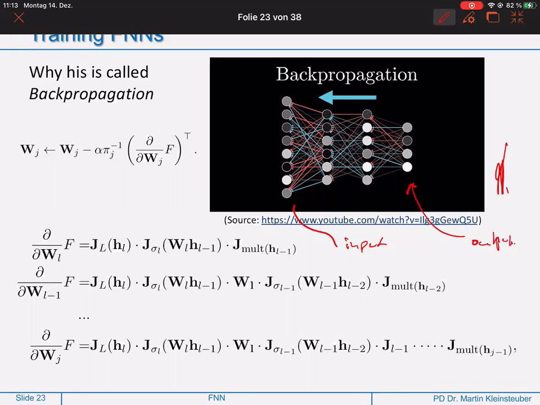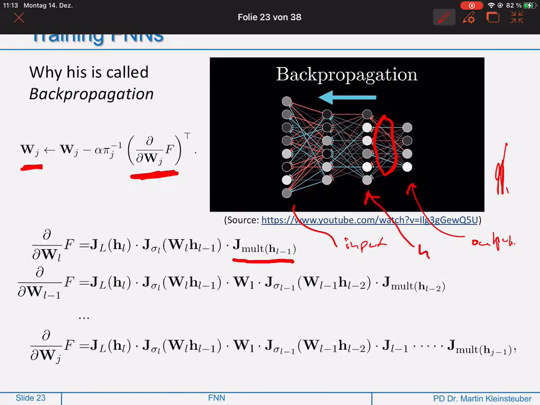We start with the last weights. So these are the weights here, and we start with the last weights by updating them according to that formula here. And this partial derivative of the weights in the last layer depends on the H^(L-1) layer. So they depend on this layer coming here.